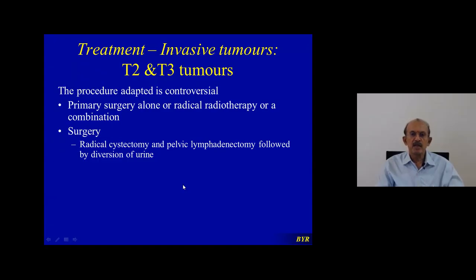That means you remove the bladder along with its fascia and along with the iliac lymph nodes. So then how will the urine be stored? You do a procedure called urinary diversion. Just a few slides later, I will explain to you how urinary diversion is done.